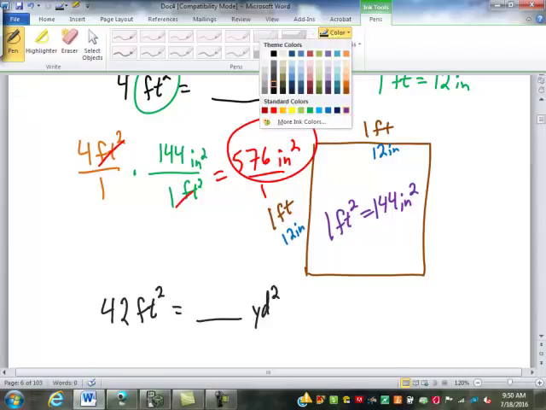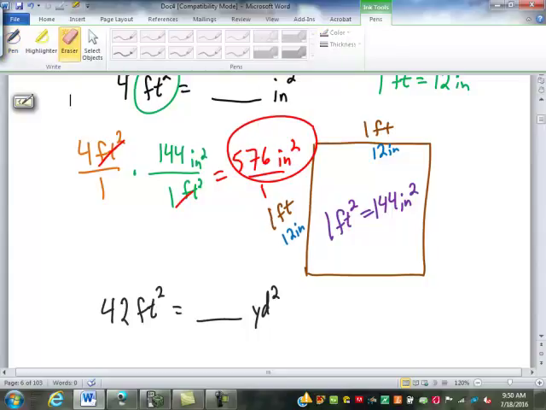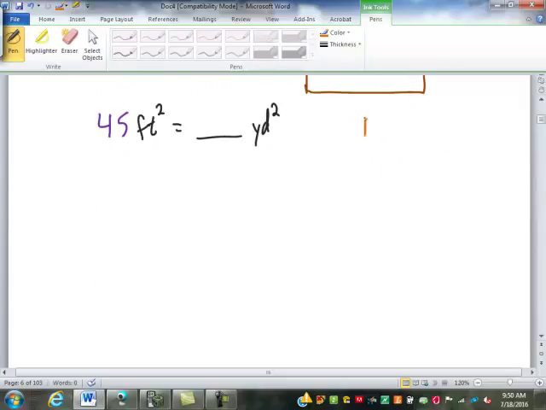What if I had 42 square feet going into, actually let me change that just a little bit. Let's go 45 square feet, make it a little easier on us, going into square yards. Well, again, we know that 1 yard is 3 feet, but this is square feet and square yards.